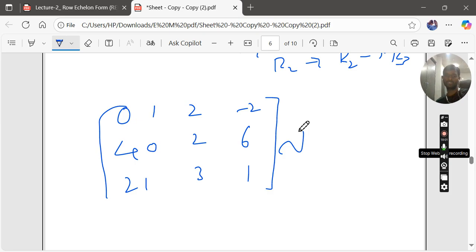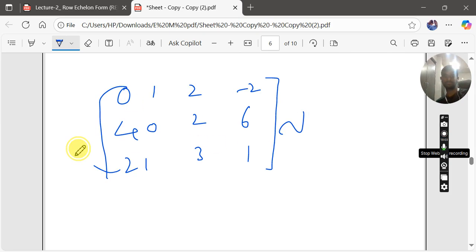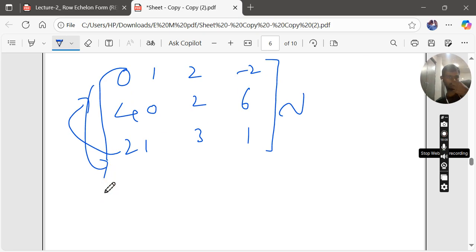What is the first step? You can replace these two here, or is there any other option you can see?